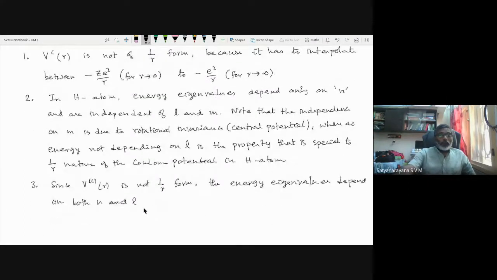So they both depend on n and L. In general, we denote ENL.